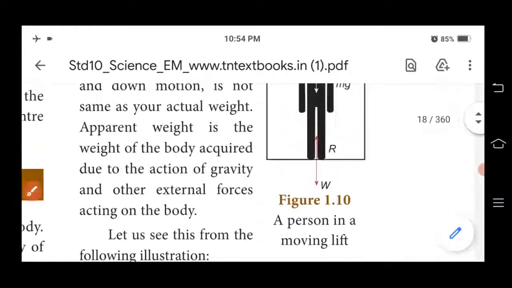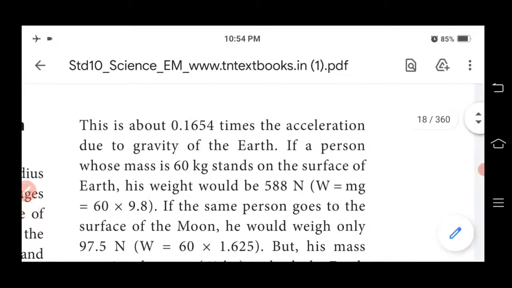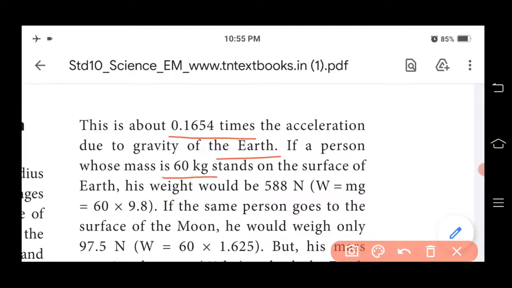This is about 0.1654 times the acceleration due to gravity of the earth. So if a person whose mass is 60 kg stands on the surface of earth, his weight would be 588 Newton.